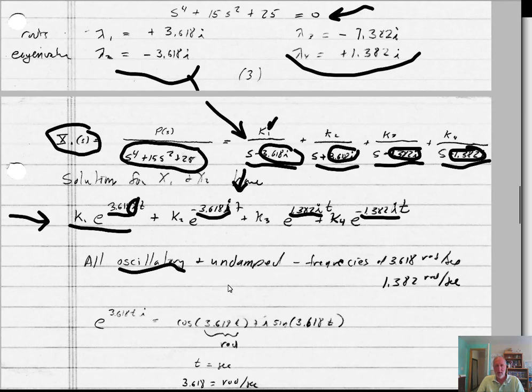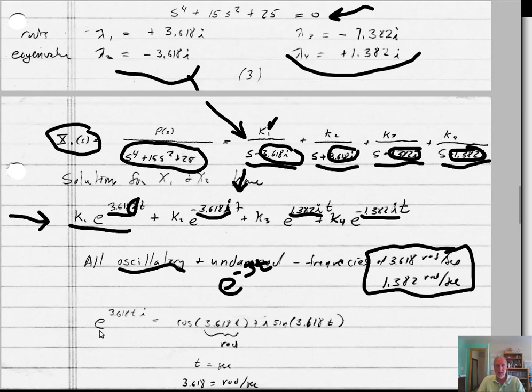And this is undamped. There is no e to the minus 3t term that multiplies these, because we didn't have any damper in the system. So these are oscillatory, and the frequencies are those roots of the characteristic polynomial, the imaginary parts.